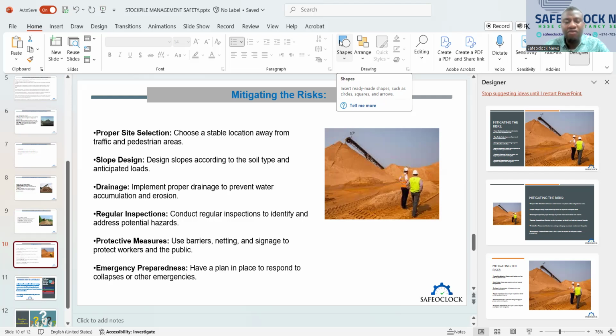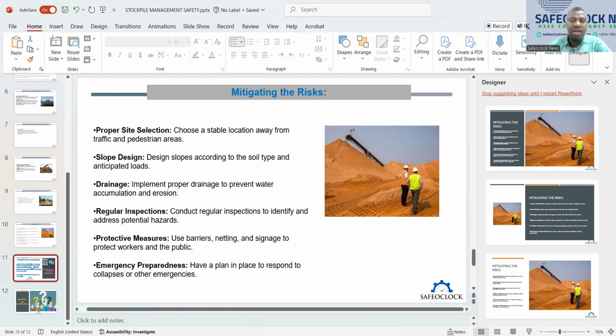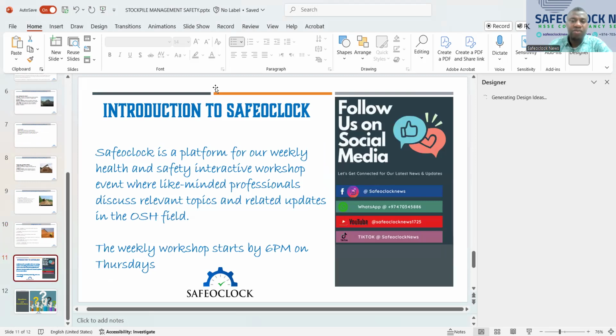So having your own emergency plan in place will help you to identify these conditions or lapses that you have, and putting in place proper measures to take in case of emergency. So these are some of the measures that we can put in place to ensure that stockpile areas are safe.